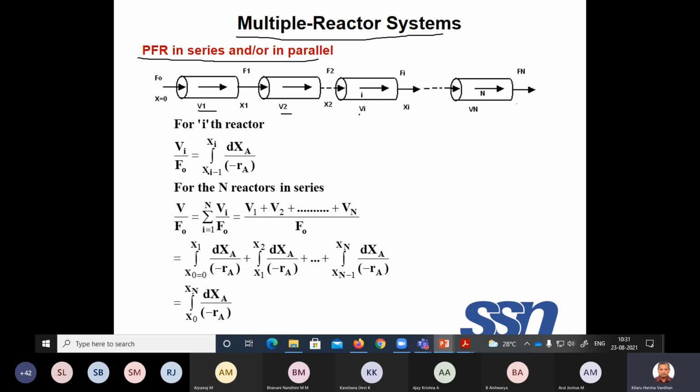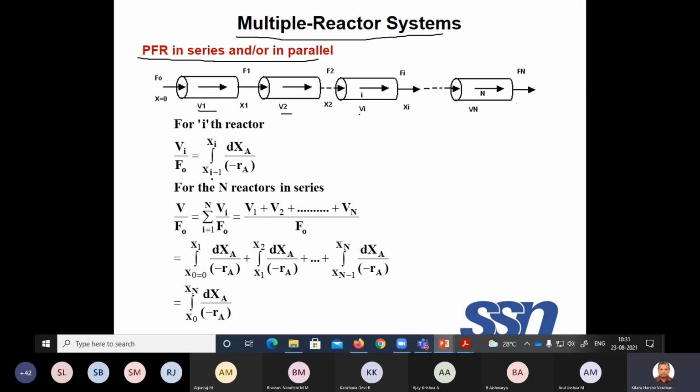Integral 0 to x, xi minus 1 to xi, dXA by minus rA. So you substitute i as 1: what will happen for the first one? X0 to X1, correct? If i is equal to 2, then what will happen? X1 to X2.